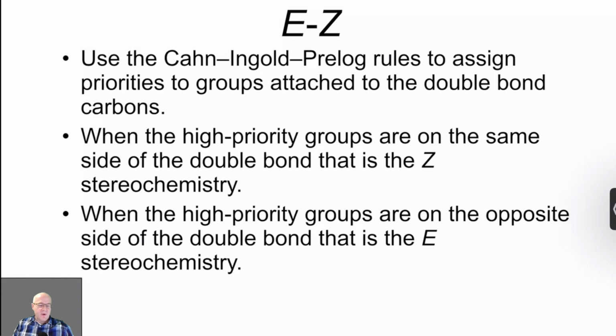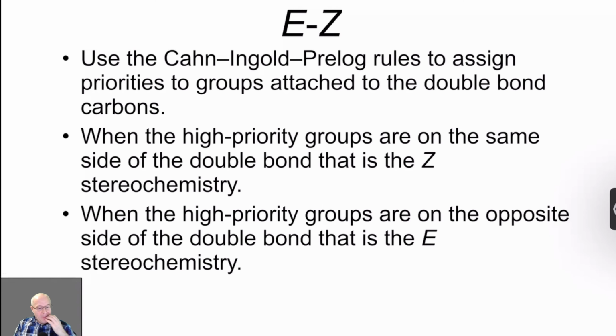Unfortunately, not every double bond that has stereochemistry falls neatly into the cis-trans environment. Sometimes you have 4 different groups on a double bond, so you can't possibly use cis and trans. You can, however, use E and Z. Cahn, Ingold, and Prelog came up with a method of telling a reader what type of double bond orientation you have without using cis and trans for examples that don't fall into that category.